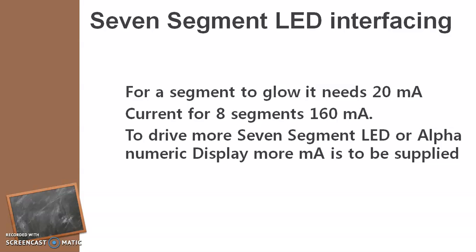Select only one of your 7 segment displays and make it glow for some amount of time. Then scan the next one, make it glow for some amount of time, and repeat this process.